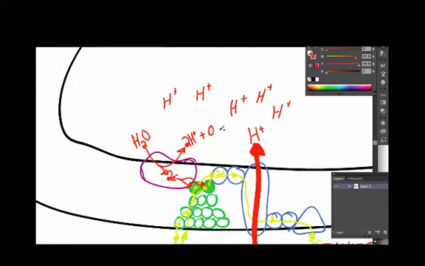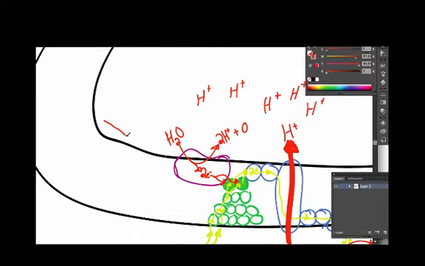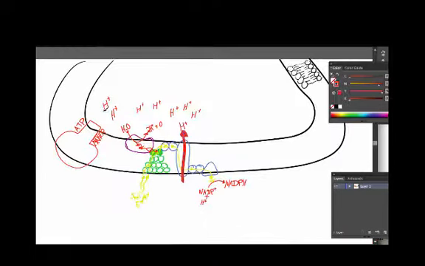Both that reaction and the hydrogen ion being pumped in increases the concentration of hydrogen ions inside of the thylakoid space. The only way those things can get out is by coming through the ATP maker. It's a gate, but it's also an enzyme, because as those hydrogen ions go from their higher concentration to the lower concentration, they give off energy.